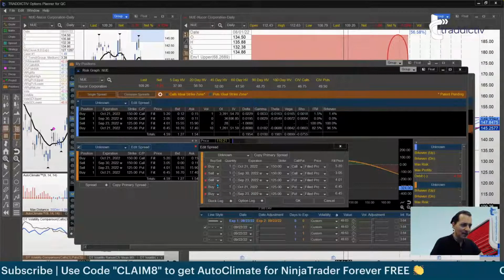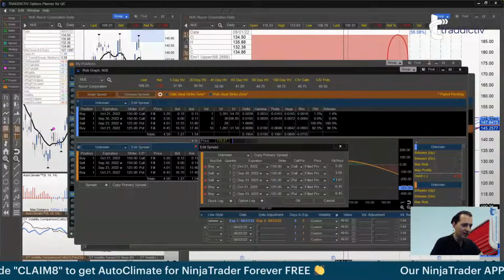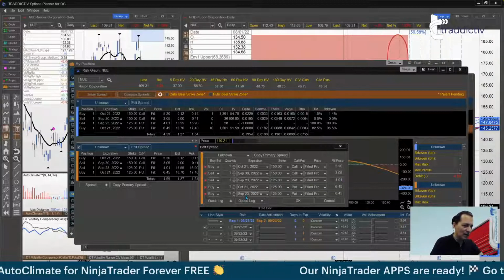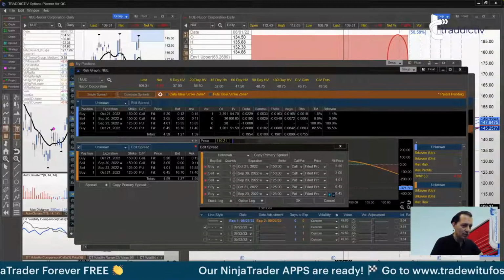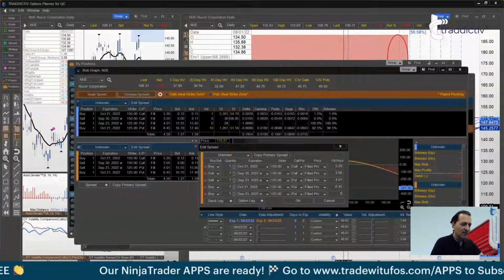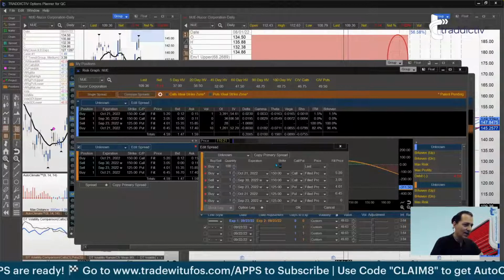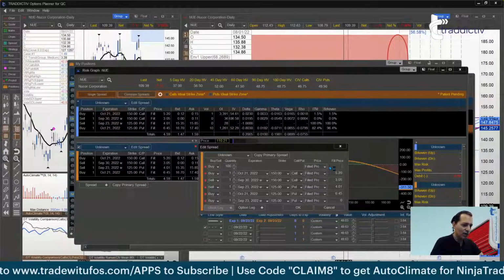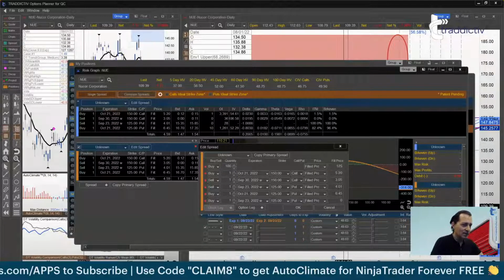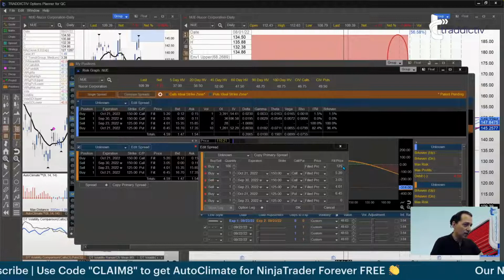If I buy it back, you sold the 125 and you got 405 cents total. If I buy it back at zero, that simulates not having the put. And if I add a stock leg, buy 100 shares at the current price 125, that emulates the 100 shares of stock you own at that price.